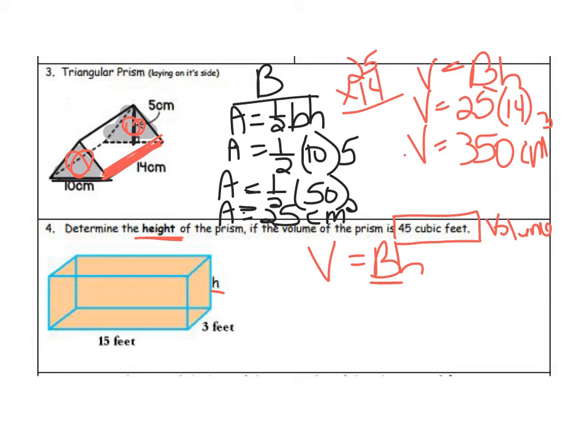So what we need to do is find the area of the base. So the capital B is what we're looking for. So capital B is the area of the base. In this case, you have area equals base times height.